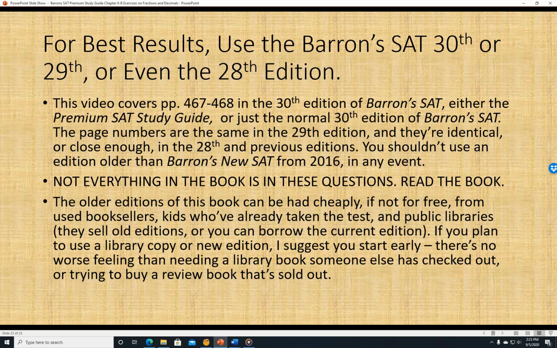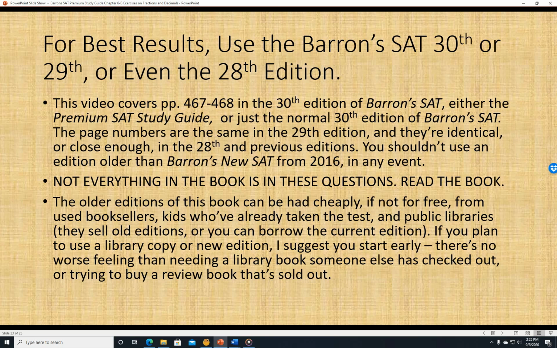You shouldn't use an edition older than Barron's new SAT. It'll say Barron's new SAT on the cover from 2016, or maybe it came out in late 2015. Doesn't really matter in any event. They came out with that for the current version of the SAT, which was called the new SAT a few years ago because it was new.